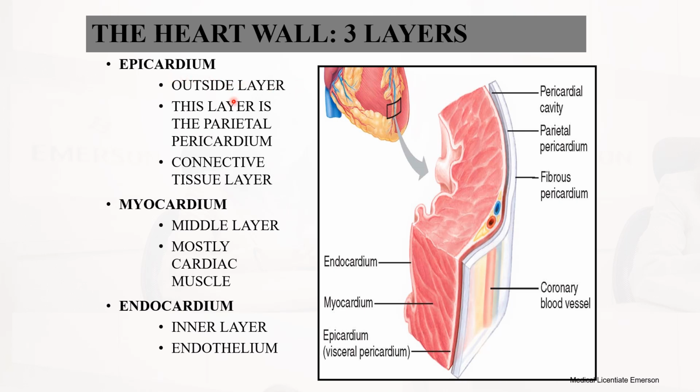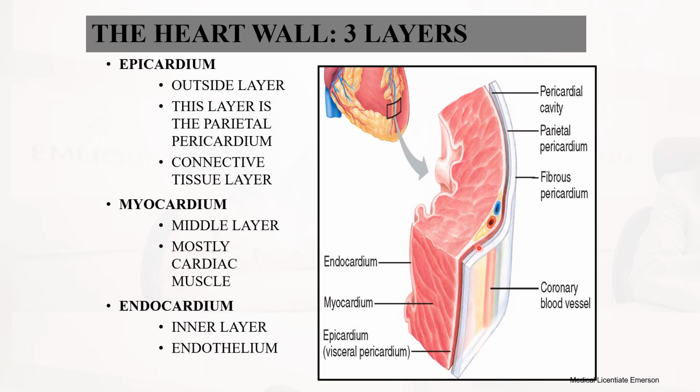Then these are the layers which we are talking about, the three layers of the heart. So the epicardium is of course the outer layer. So we go to the outer layer. This is where the epicardium is. In terms of the epicardium, we have the fibrous pericardium. Then you have the parietal pericardium.